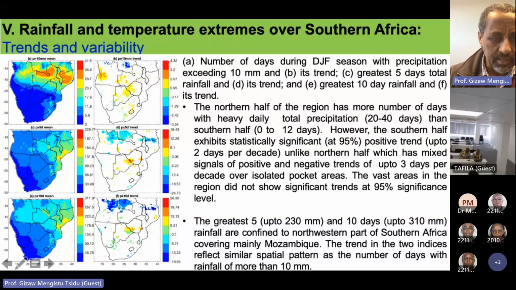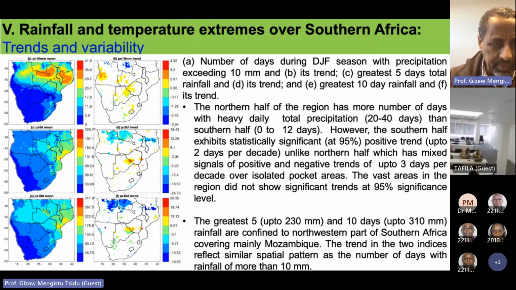What I didn't discuss is, for instance, in panel CD and EF, there is a corresponding trend in these indexes as the temporal evolution.